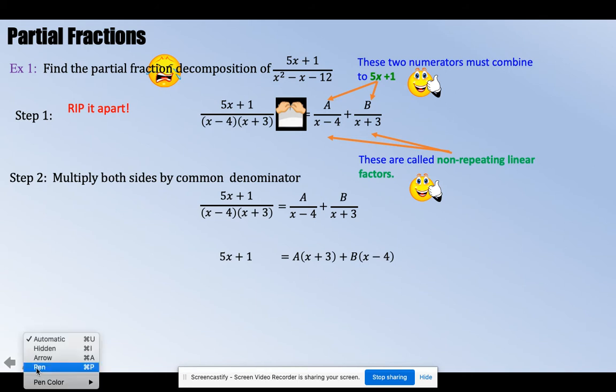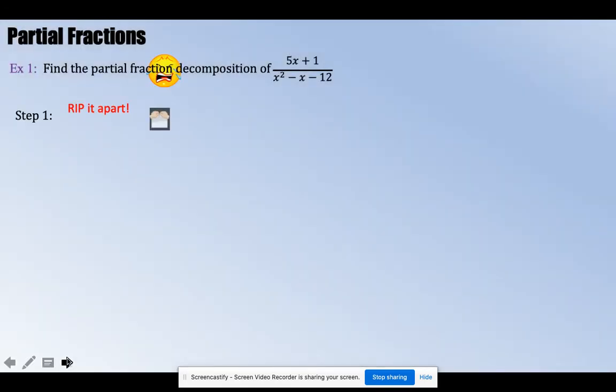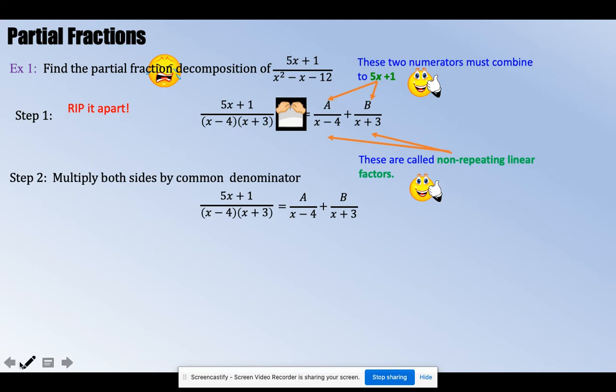Now, really important here is that you buy the equal sign. You do need to believe in this equal sign. What's on the left is equal to what's on the right.